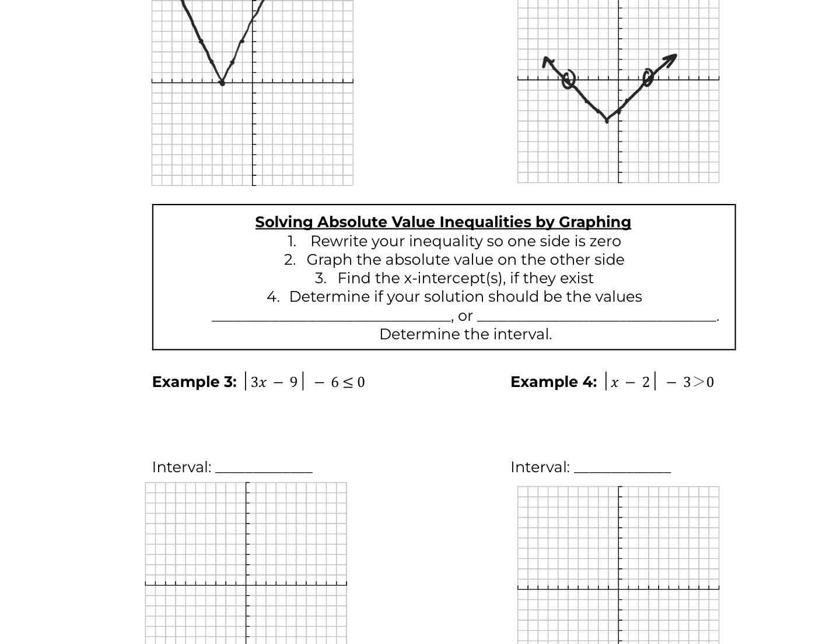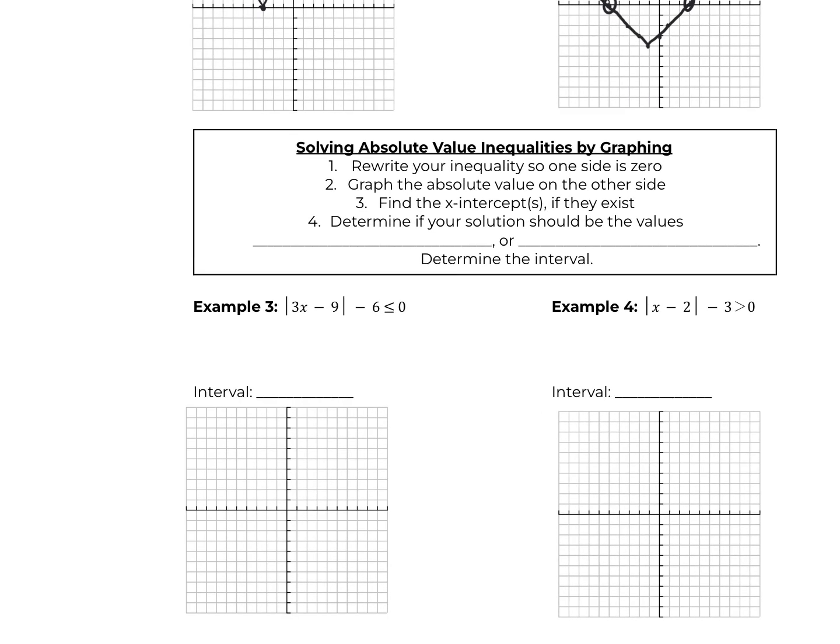Then we're going to graph the absolute value on the other side, and find the x-intercepts, if they exist, and determine if your solution should be the values above or below. They're above if it is greater than or equal to. It's below if it's less than or equal to.